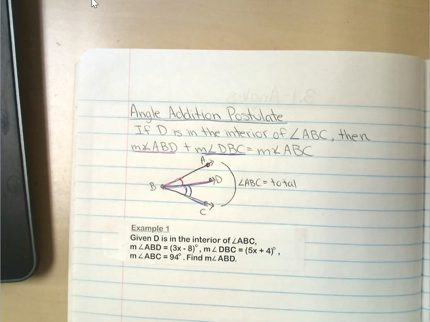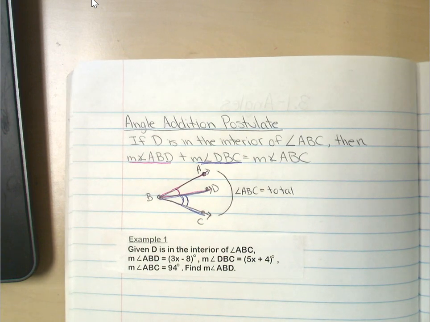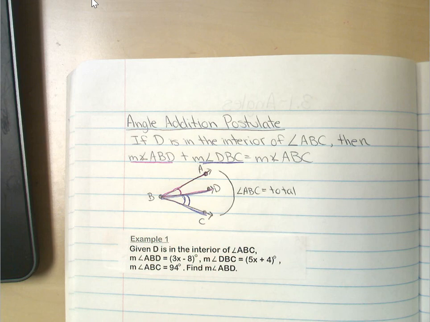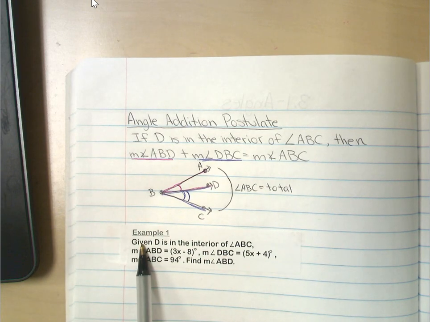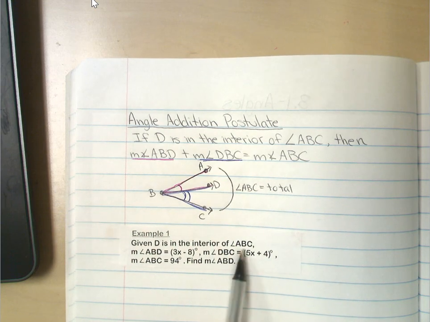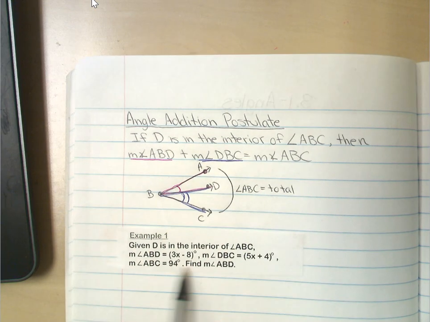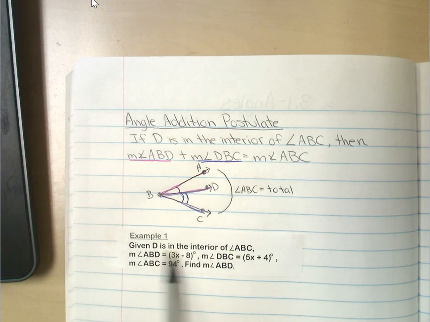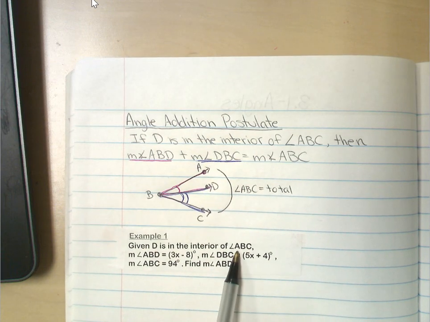So in example 1, they're giving me the information to draw a picture. That's this first line right here that says given D is in the interior of angle ABC, and they give you pieces of information, find angle ABD. So I'm going to draw this first line where it says angle ABC.